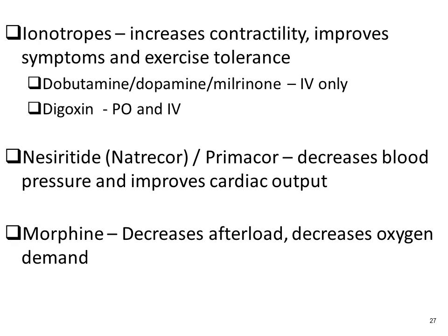All right, well, we're going to want to take a look at the inotropes that we talked about a little bit earlier. They improve contractility, they'll improve symptoms and increase exercise tolerance. When we're in acute decompensated heart failure, we give dobutamine, dopamine, or milrinone. They're given IV only with continuous blood pressure monitoring. We can also give digoxin.